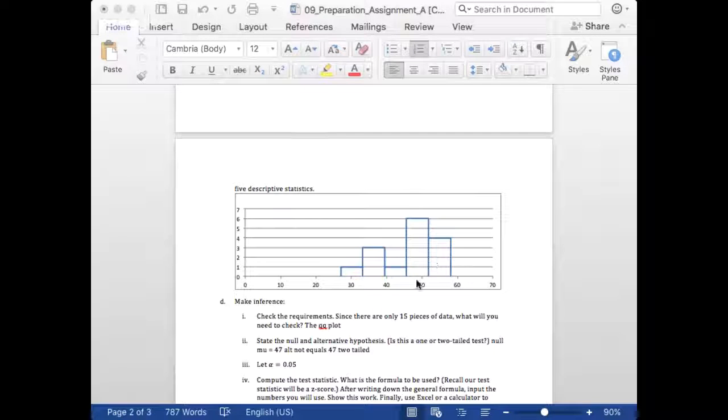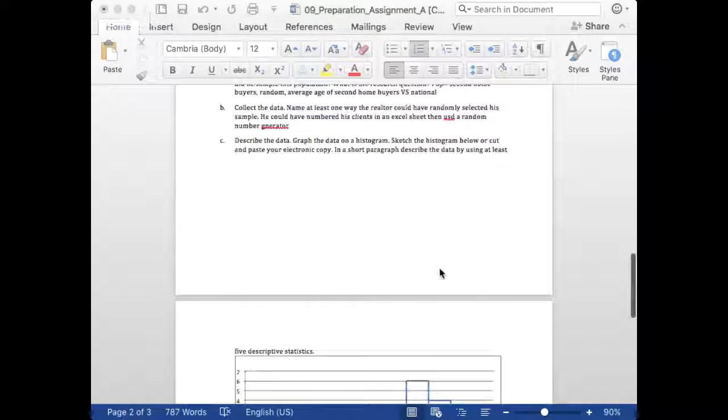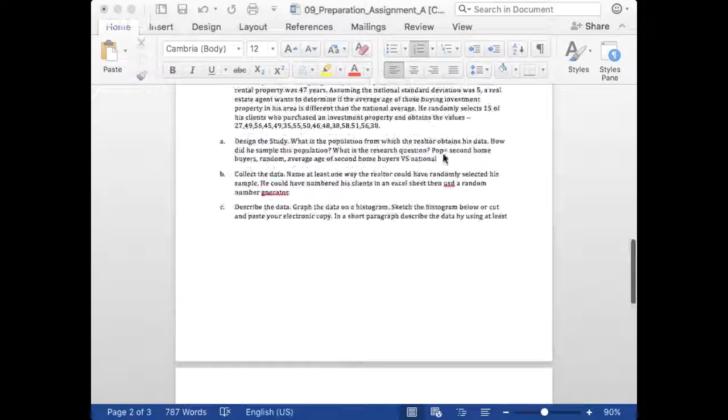Okay, that makes sense, because basically the idea is if it's 2 standard deviations away, then it's unusual. Because our standard deviation is 5, it has to be more than 10 above or below 47. So anything less than 37 or above 57 would be unusual.